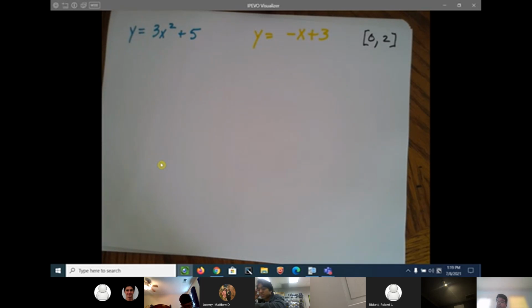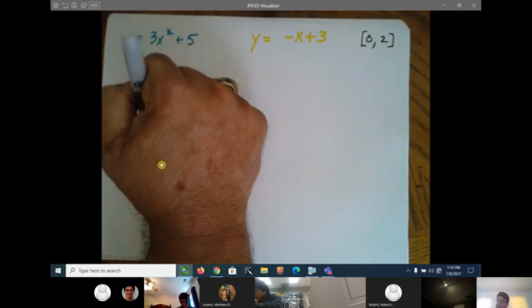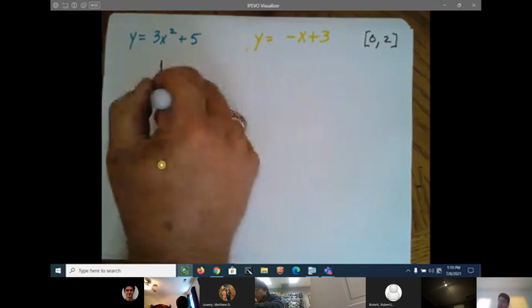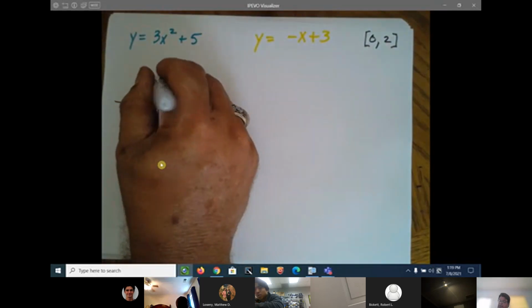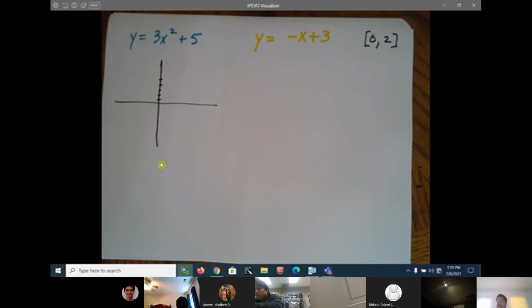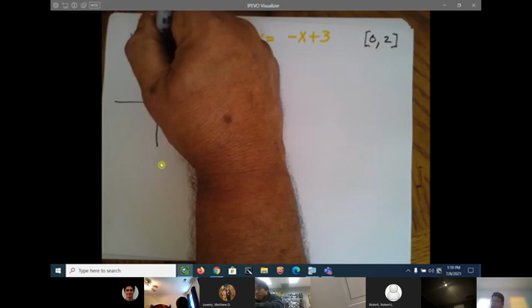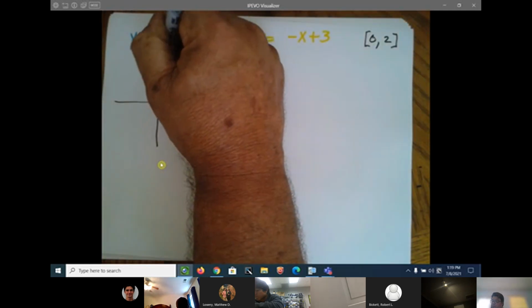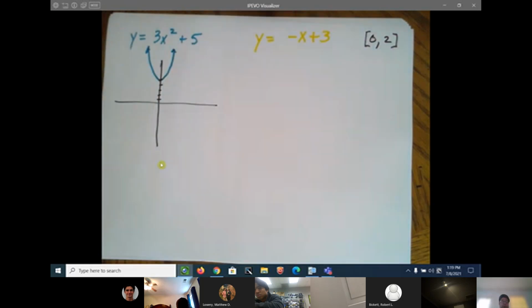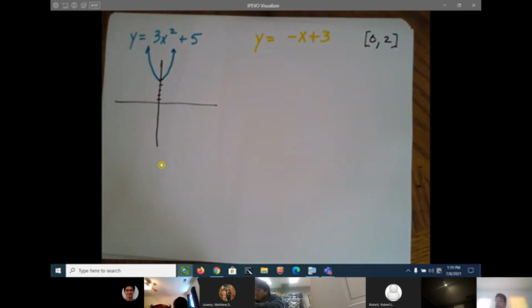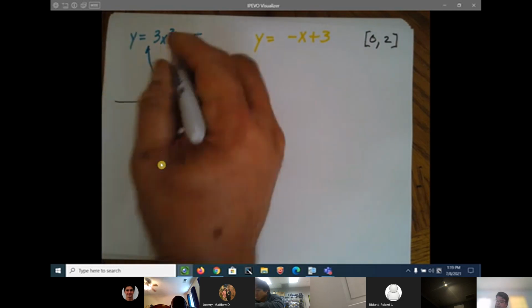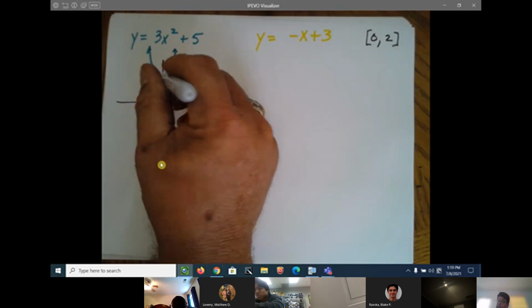So let's see, 3x squared plus 5. That's going to be a parabola opening upward. One, two, three, four, 5. It's going to be skinny because of the 3. And then you got negative x plus 3. Well, that ain't going nowhere near the parabola. So 1, 2, 3.